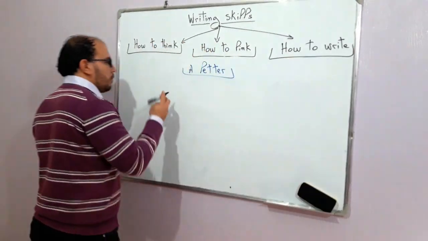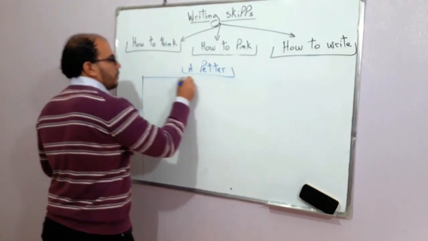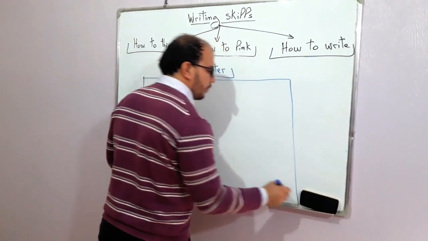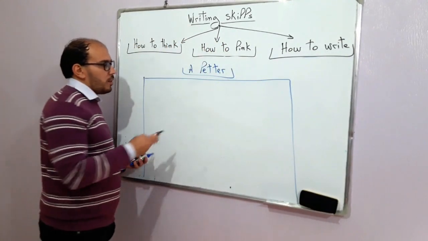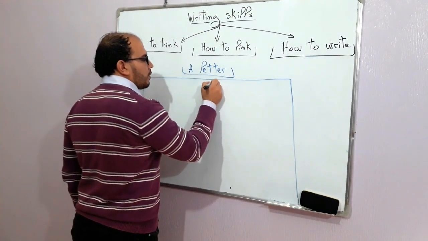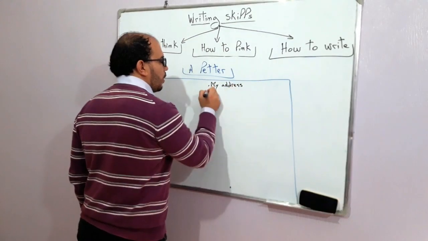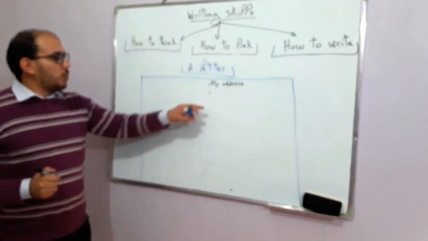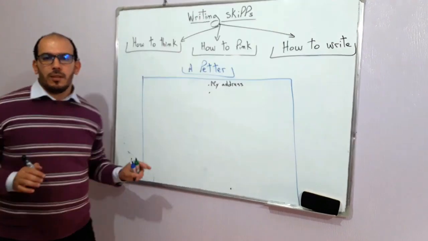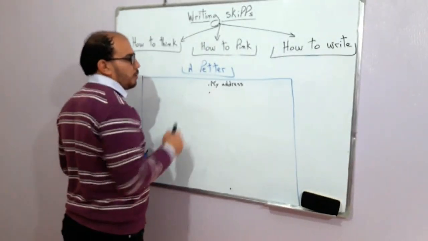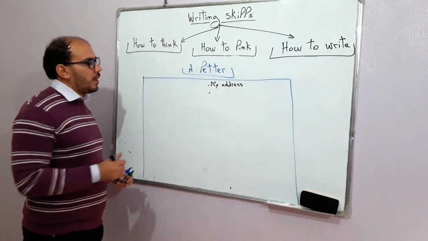So when I speak about a letter, the first thing that I have to mention is my address. To make it simple, I just write neighborhood, city, country. So I write my address, or you can put it as it is in reality.